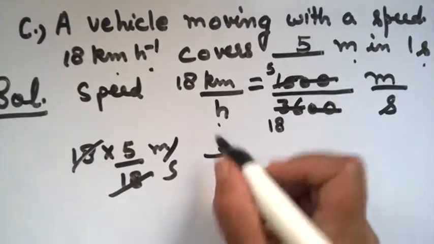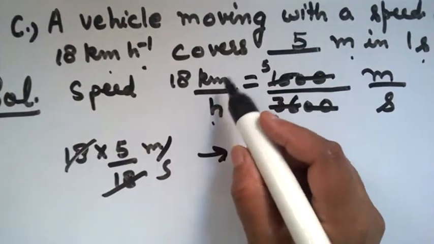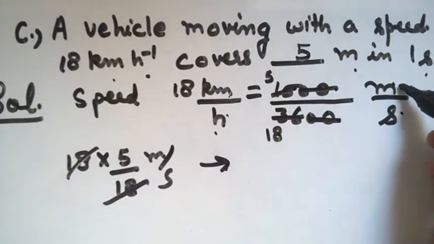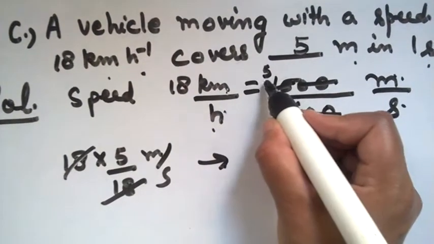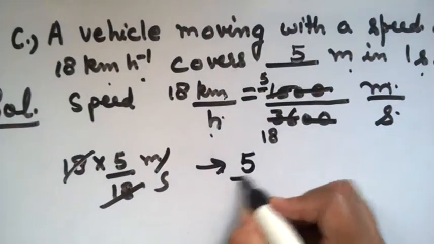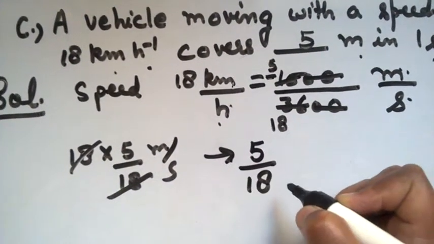Now we can also do it directly. If we have to convert kilometer per hour into meter per second, that is into the smaller unit, then we will multiply it with a smaller number, that is 5, and in the denominator the greater number.